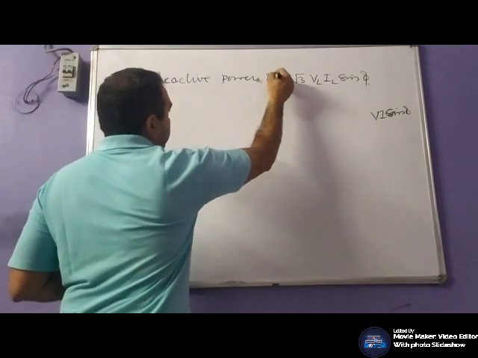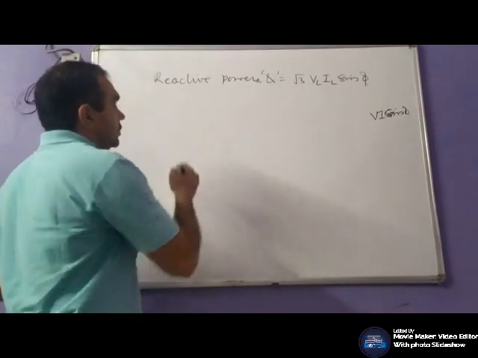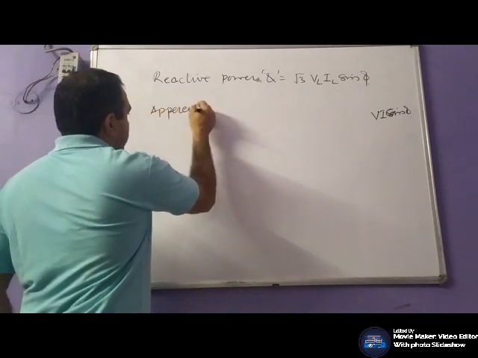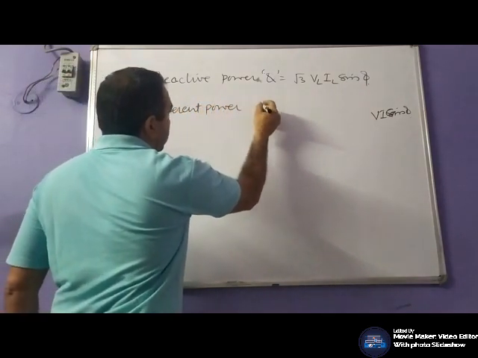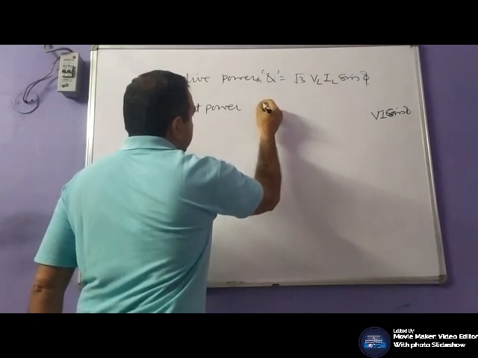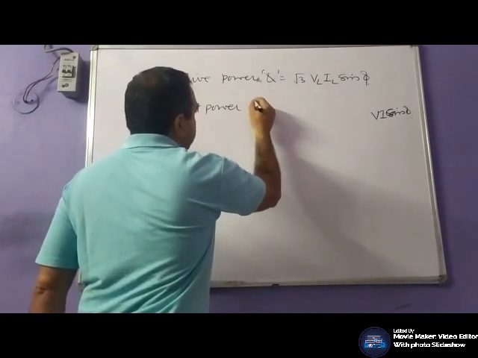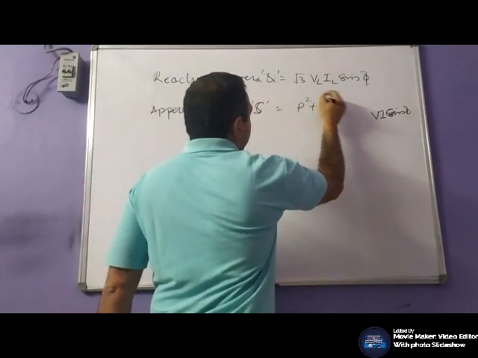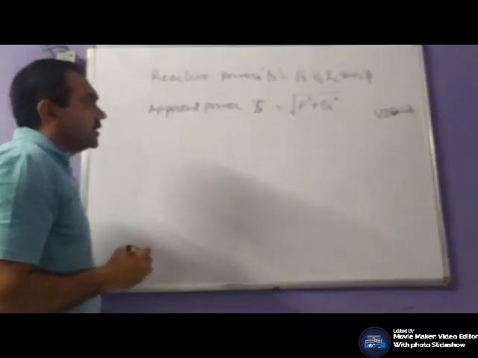And reactive power will be denoted by Q. Or your apparent power will be denoted by S. That was the square root of active power square plus reactive power square.